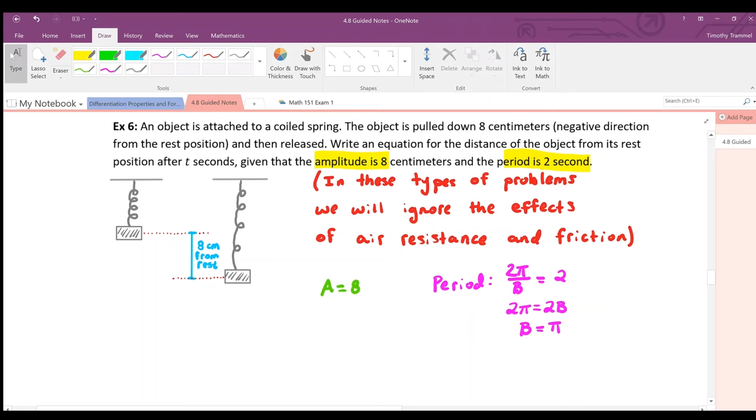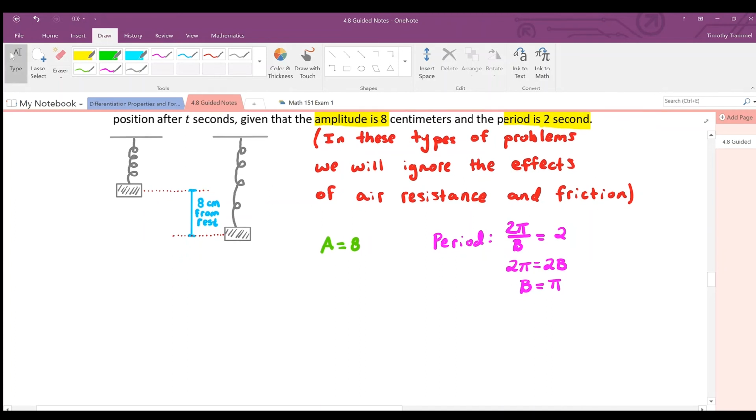Okay, I'm going to actually sketch in a set of axes here to help us out. And we'll call this axis T, and maybe this one up here we could call it H. H for height, T for time.